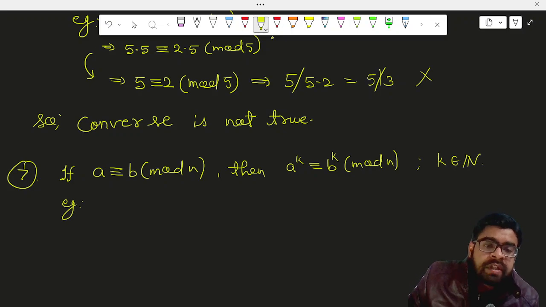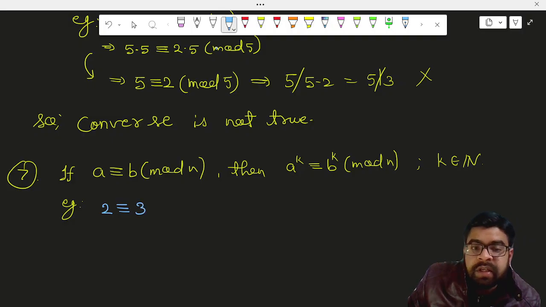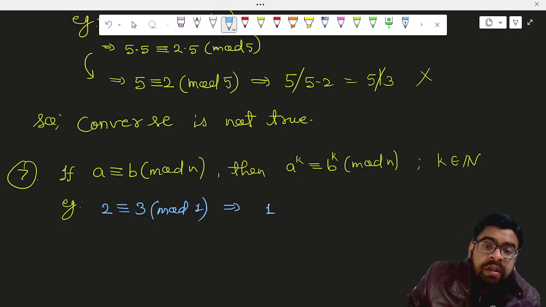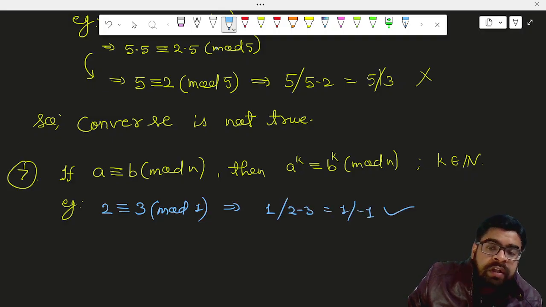For example, let's suppose we took a congruence 2 is congruent to 3 with modulo 1. So is it true? Let's see. 1 basically divides 2 minus 3.